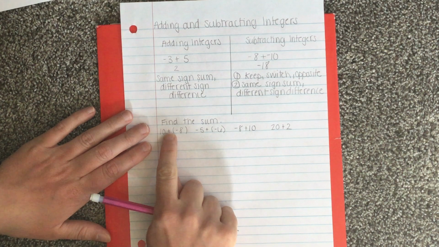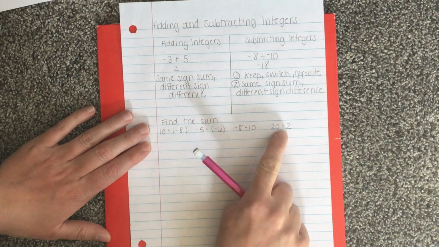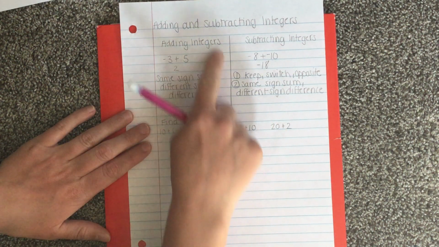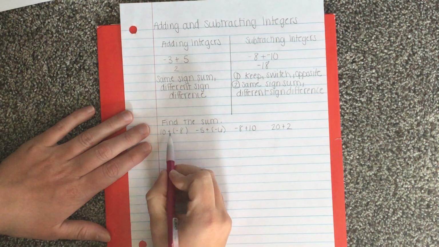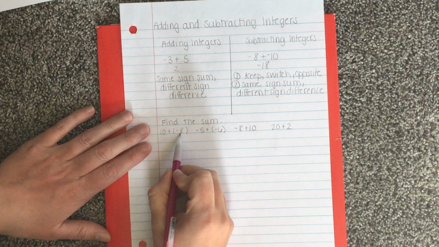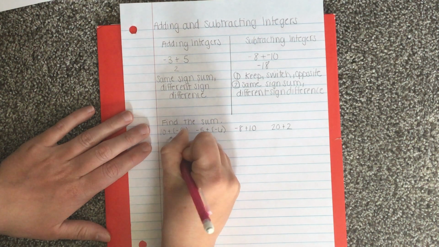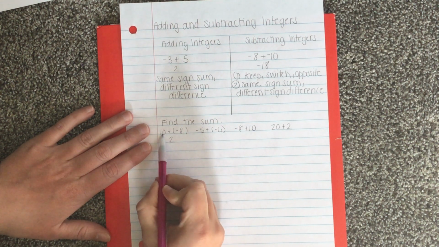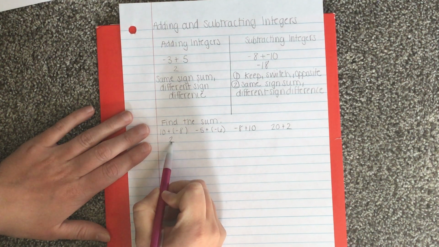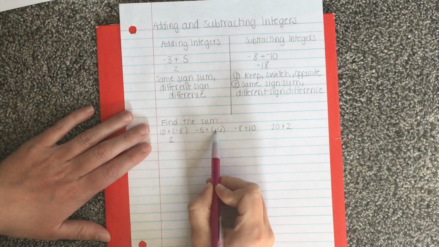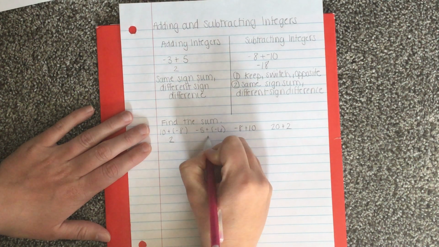Okay, so all of these problems have a plus sign. So all of the problems are following this set of rules: same sign sum, different sign difference. I see that I have a positive number and a negative number. Those are different signs, so this is subtraction. After taking the absolute value, this is a larger number. It's positive, so my answer is positive. Here I have the same sign, so I'm adding.